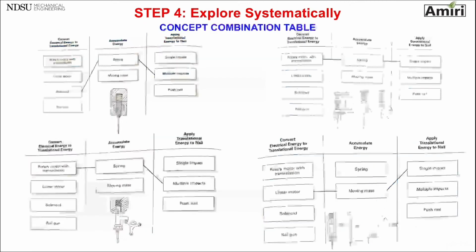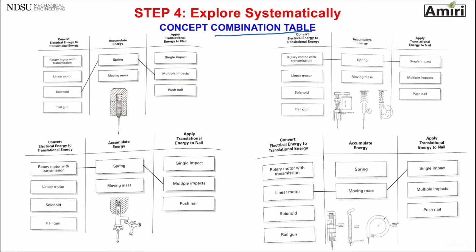The other method that we talked about is the combination table. Again, these are for sub-problems. So different ideas that you had for different sub-problems, you can connect. The table in 4 of these pictures is the same, only the line connecting them is different.